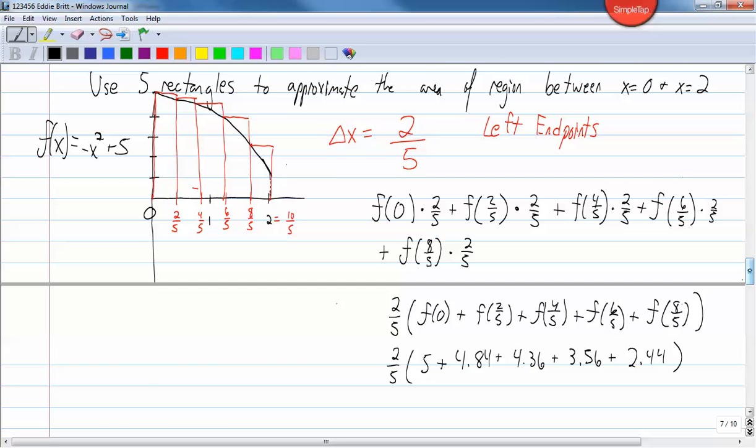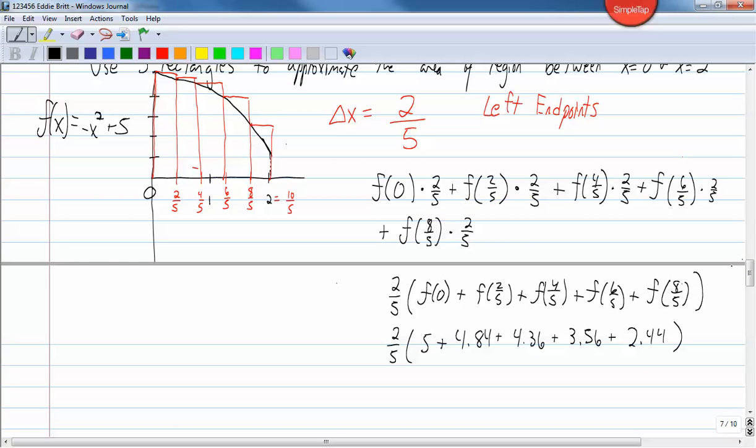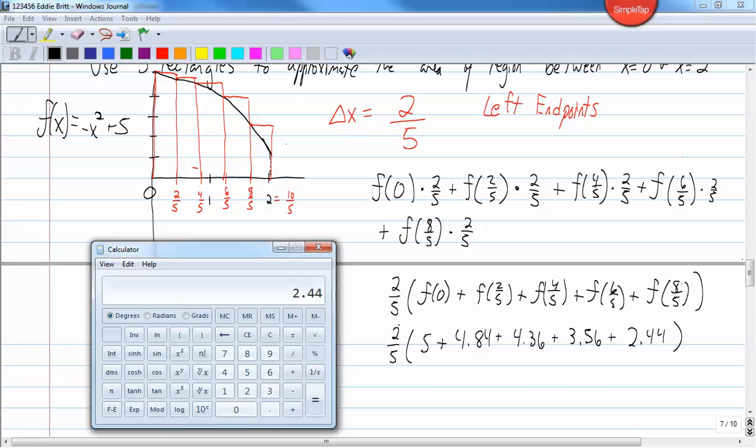Alright, so if I want to find the area of my 5 rectangles, now I need to add all that up and then say it times 2/5. And 2/5 is 0.4.